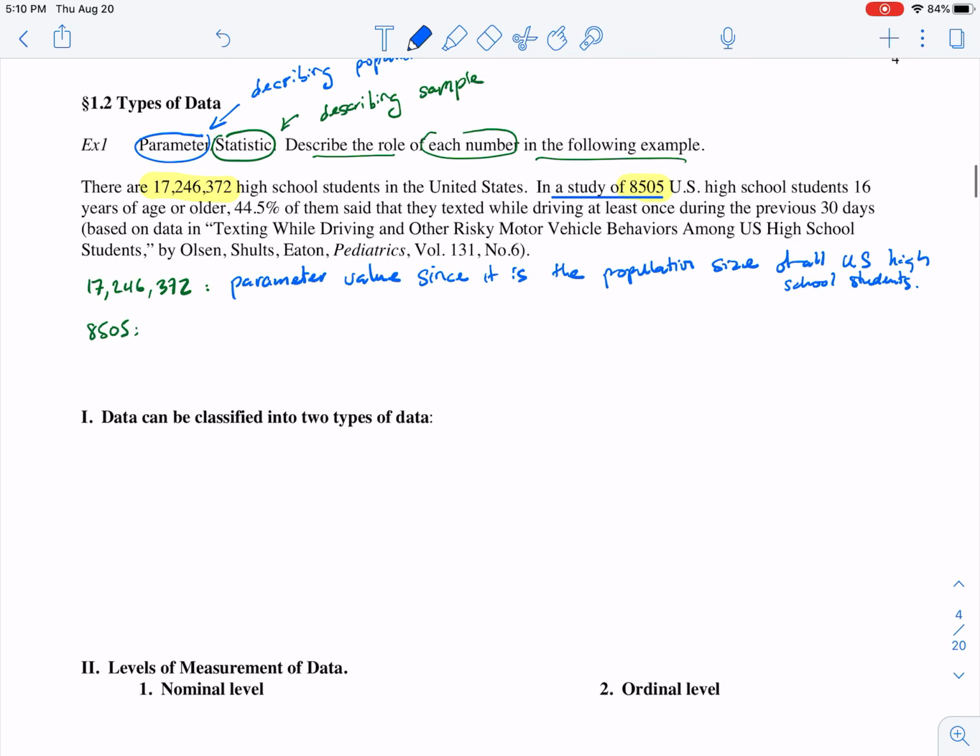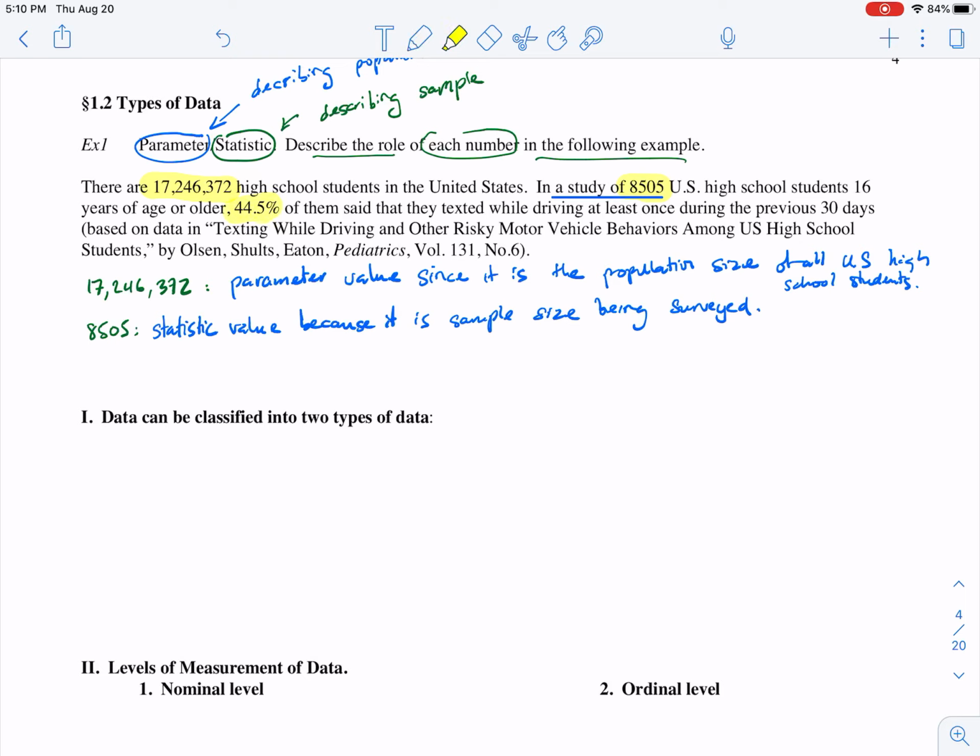So I'm going to say this is just a sample size. So this is a statistics value, because it is a sample size being surveyed for the study.